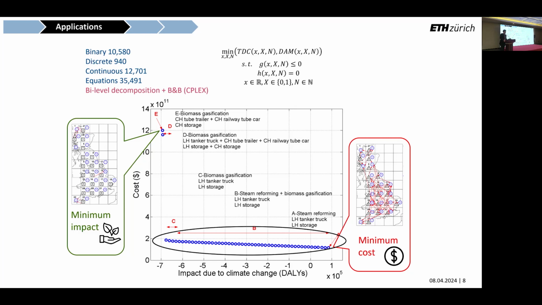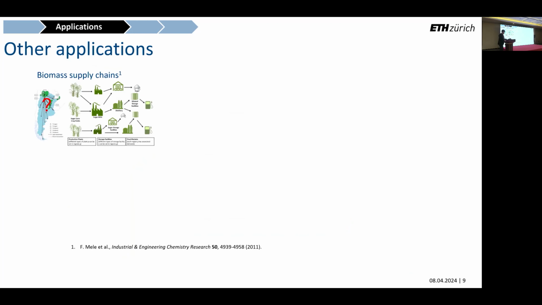And we have applied this approach to many different problems where we always follow the same type of framework, starting with the construction of the superstructure, mathematical models, and then algorithms to identify optimal solutions. So for example, these are some instances that we solve. In the case of designing biofuel supply chains, this is actually a collaboration with Argentina, with Universidad Nacional de Tucumán.